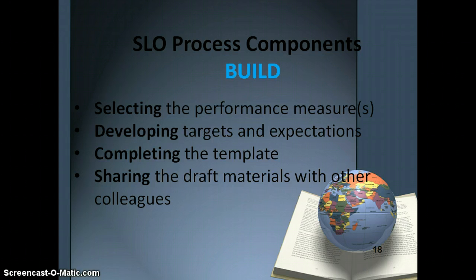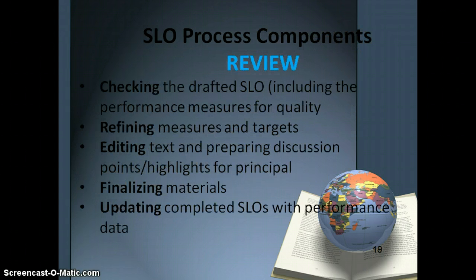In the build process, you will select those performance measures. You'll develop the targets and expectations, and you will finish the template for the SLOs. In the review process, you will check the drafted SLO. You will refine your measures and targets as needed. You will edit text and prepare for a discussion in the fall with your principal.